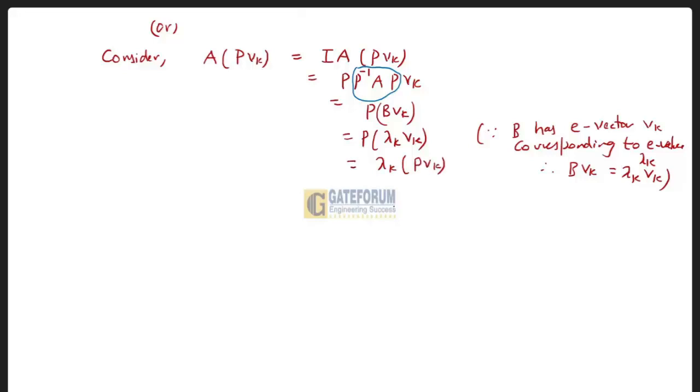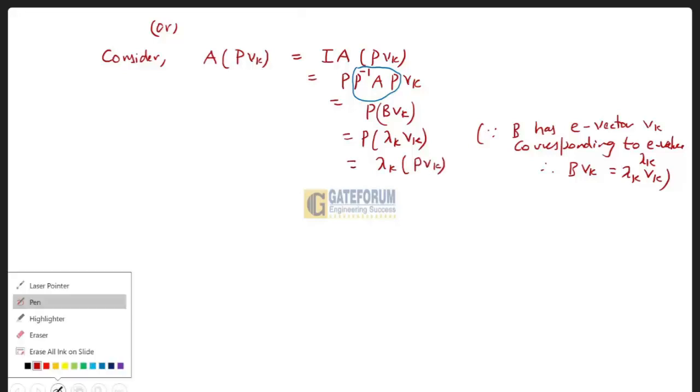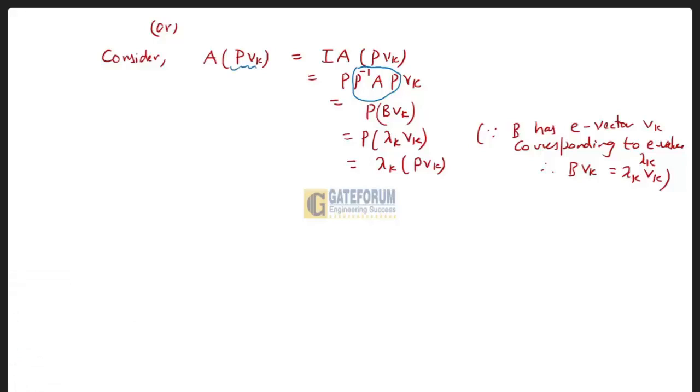Now just observe the left hand side and right hand side relation. A into, say this is x, we got lambda into x. So therefore P into Vk is an eigenvector of matrix A for k values, that is 1, 2, so on n.